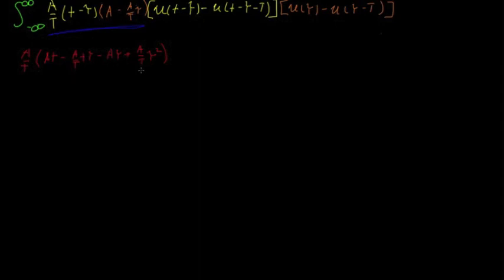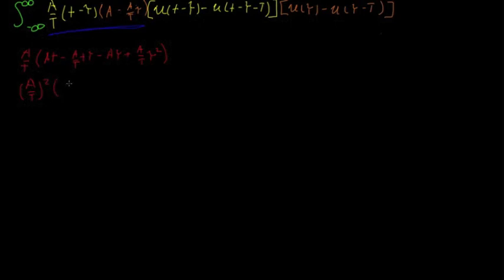Now, this can actually be simplified even more. I think the best way to simplify it is to take this A over T term out of everything inside the parentheses, so that we end up with A over T, quantity squared, on the outside.